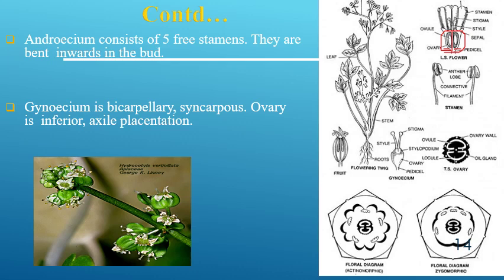In addition to this, an inferior ovary with 2 chambers is also present. So these 2 chambers are called bilocular ovary.